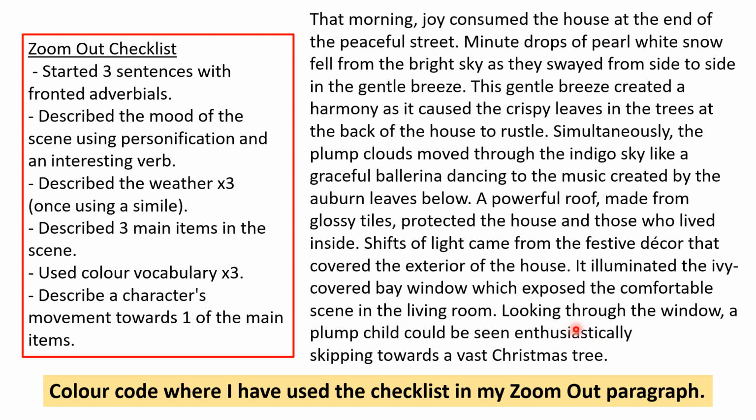Please do not go through and complete the highlighting for every single paragraph because I need to be able to explain those to you. For today, just highlight and match up the zoom out paragraph on the document. Can you please pause the video and do that now, please?